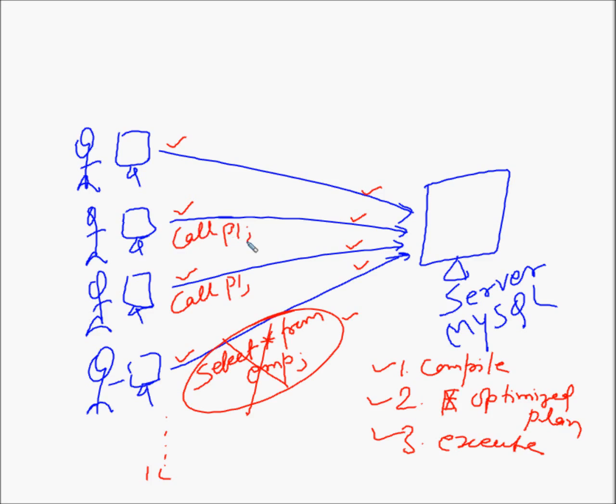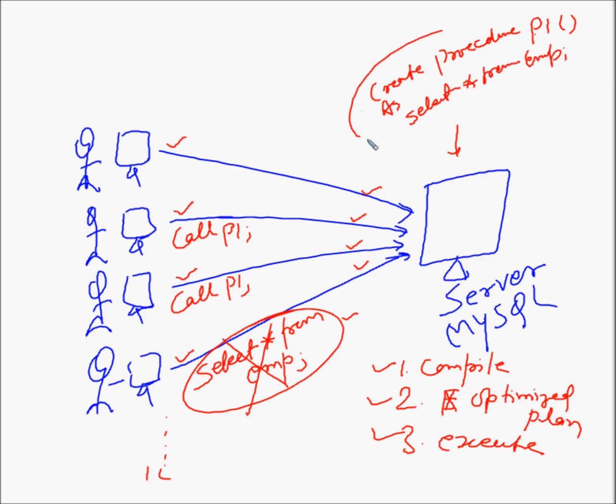Let us say on the server I create a procedure. I write here CREATE PROCEDURE P1 AS select star from EMP. The same thing is happening here, but this whole statement I put in one procedure. That procedure name is P1.